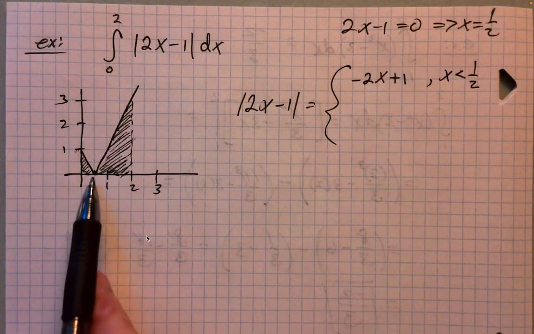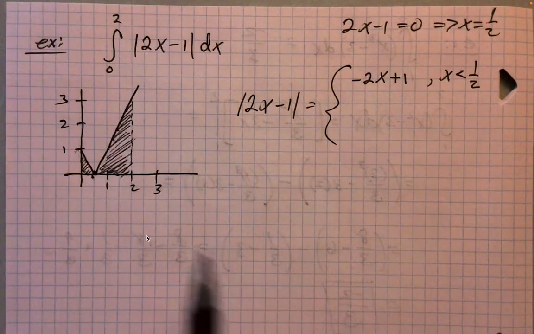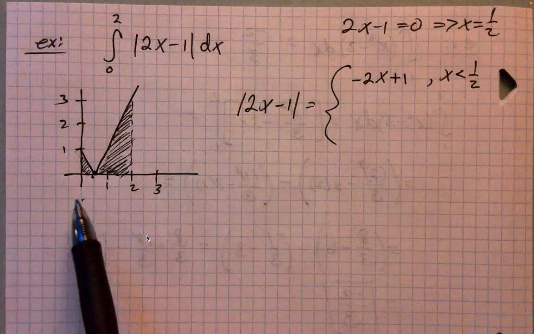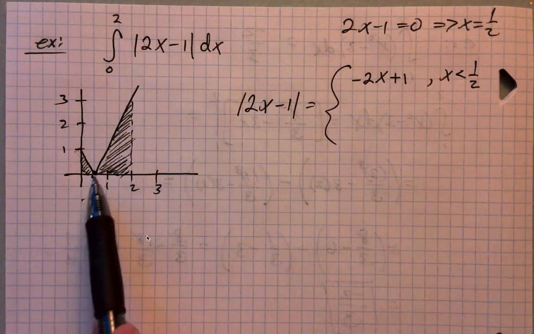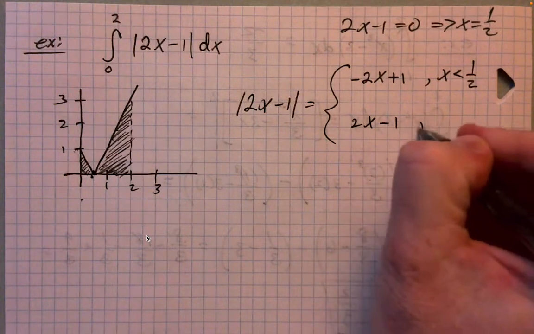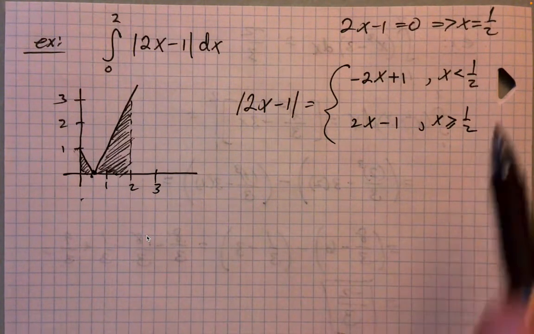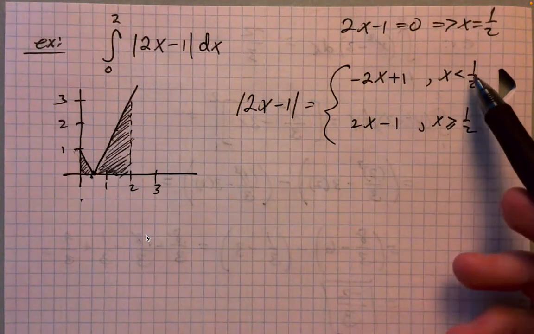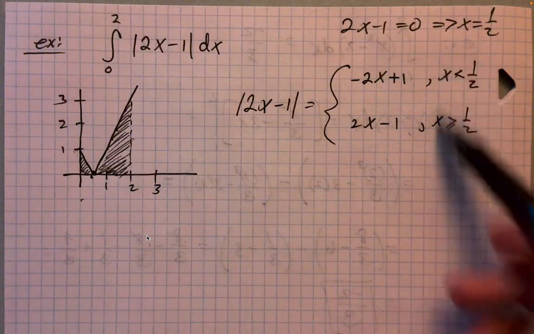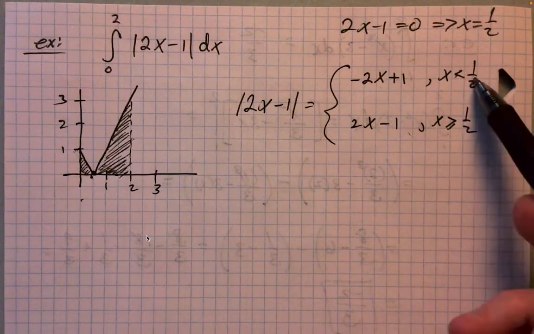And then after x equals 1/2, it's the reverse. The intercept would be down here at -1, which I haven't drawn on here, but you can picture that. And the slope would be 2. So basically it would look like this. It doesn't matter if you make this inclusive of 1/2 or this inclusive of 1/2. When we're talking about integration, that detail doesn't matter.